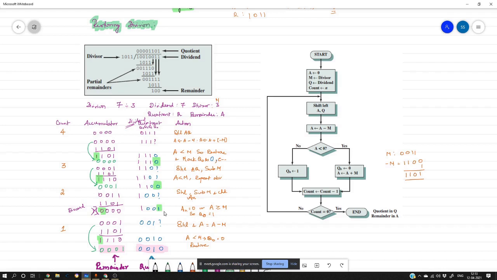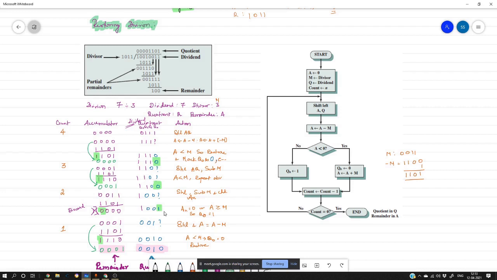When you try to divide a number which is very large, and the divisor is very small, the quotient may be larger than the 4-bit position that is allocated to store the quotient value. If the quotient is 5 bits or more than 4 bits, then you are not going to get the right quotient value, and you'll not have the right remainder stored in the accumulator.